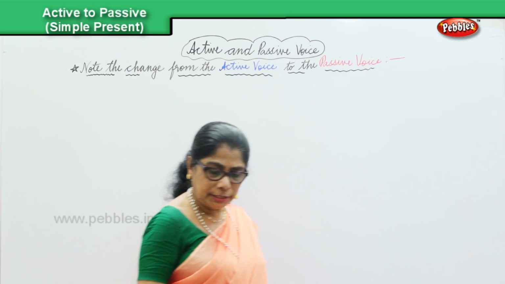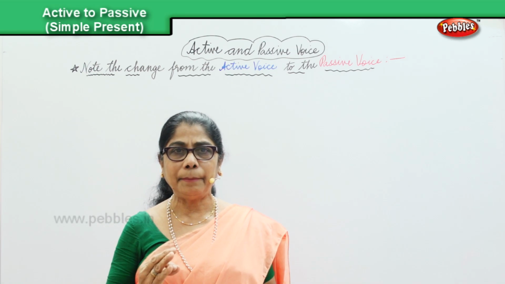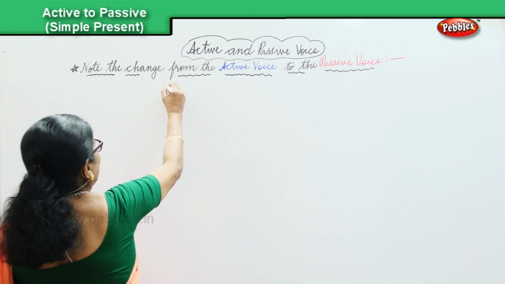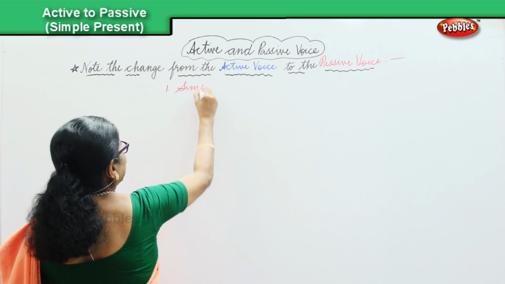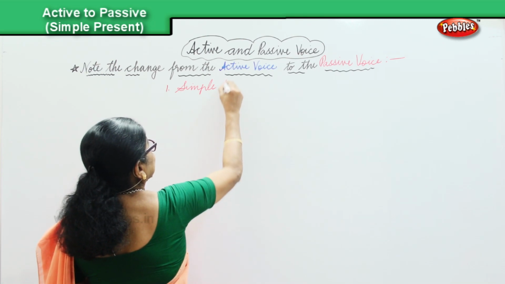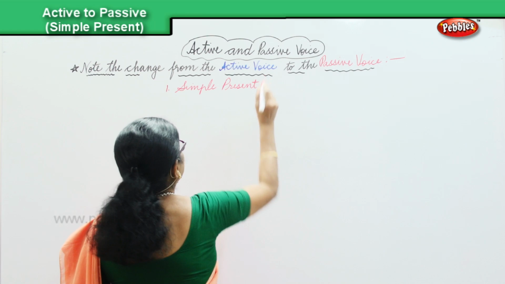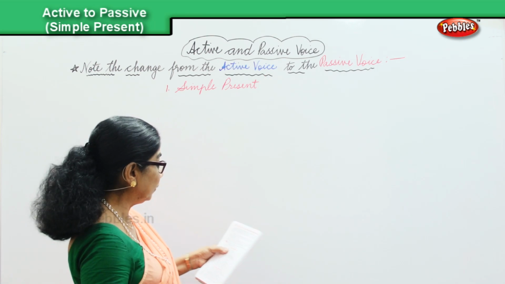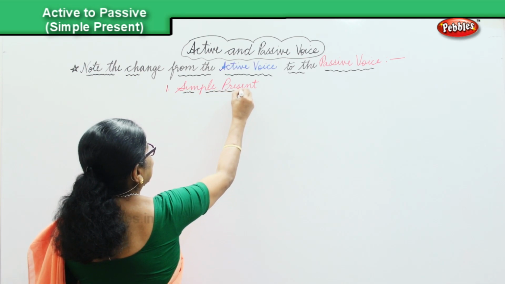The first kind we're going to do is the simple present. That's number 1. In the simple present, we are going to do the active and passive voice sentences.